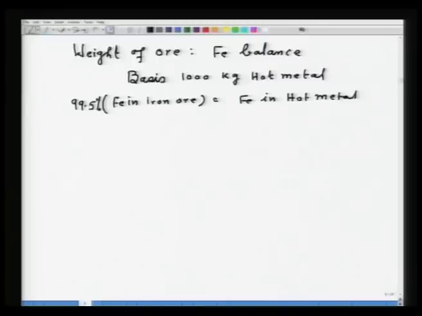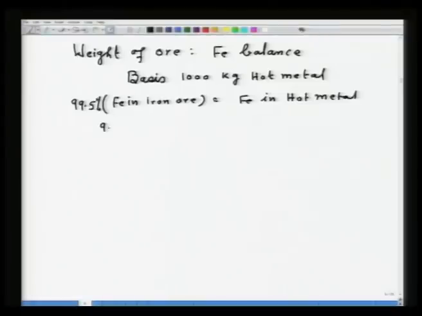Remember, for all iron you have to see the source of input and source of output. In this problem iron enters from iron ore and leaves as iron in hot metal and iron in slag, but it is given that 99.5% is reduced. So, our life becomes easier.